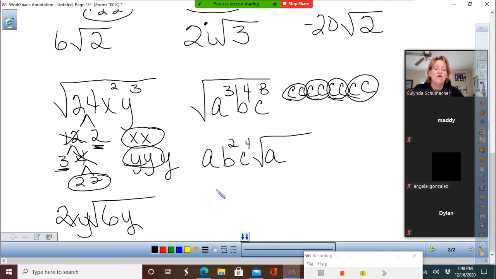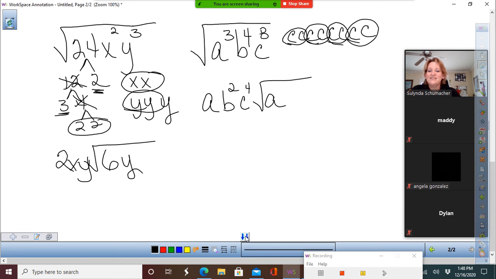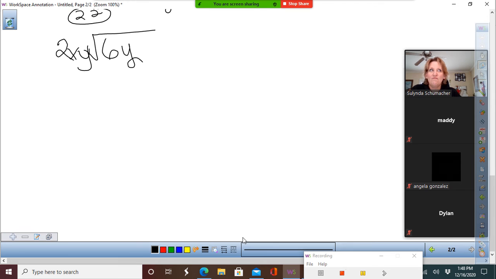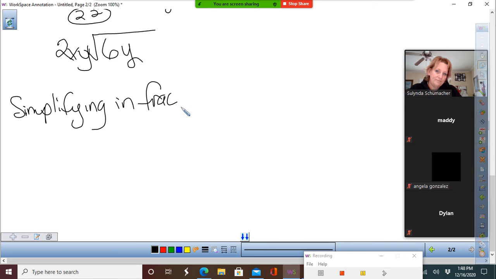So we've talked about simplifying them, but the hardest part is if you simplify them and they're in fraction form. So, simplifying in fraction form. All right. So step 1, I want you to reduce the fraction first.